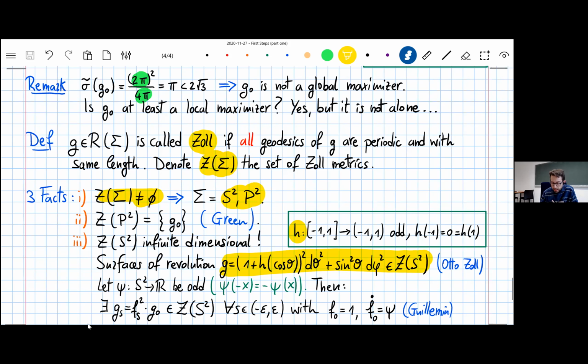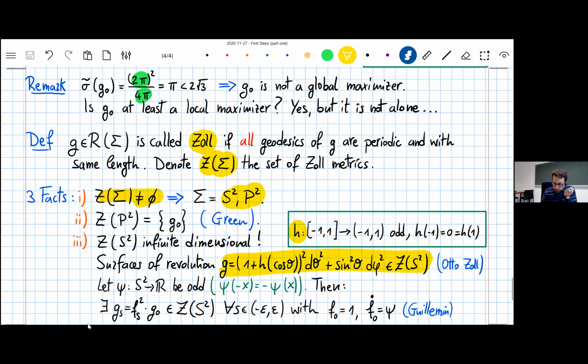And this is only the beginning of the story, because then many more examples were found. The deformation problem was solved by Victor Guillemin in the 70s, asking: if I start with a round metric, how can I deform it and still remain a Zoll metric?